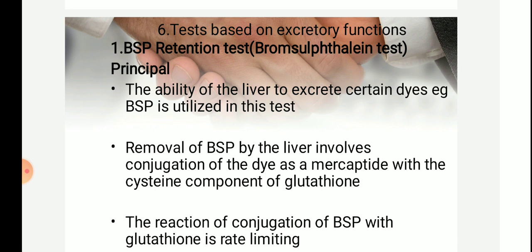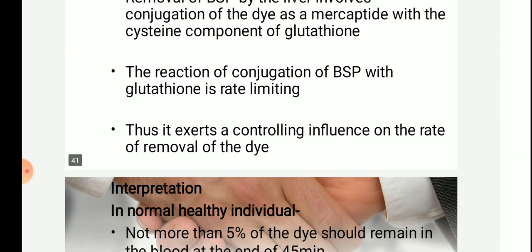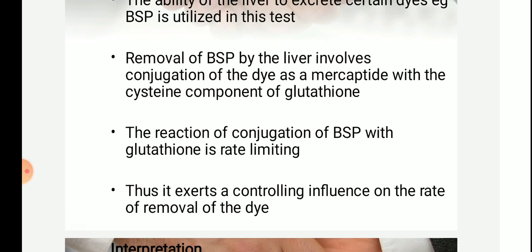The reaction of conjugation of BSP with the glutathione is rate limiting. So it exerts a controlling influence on the rate of removal of the dye. So removal of this particular BSP is very much important here.